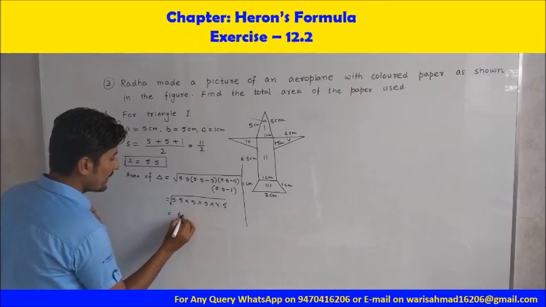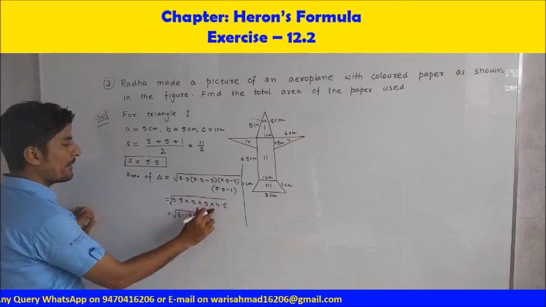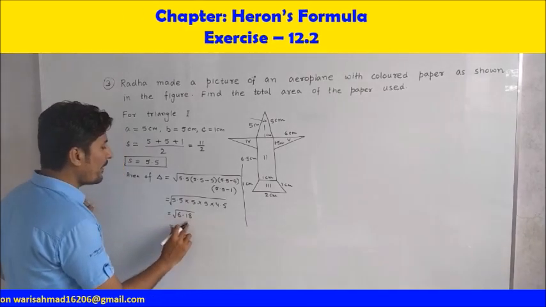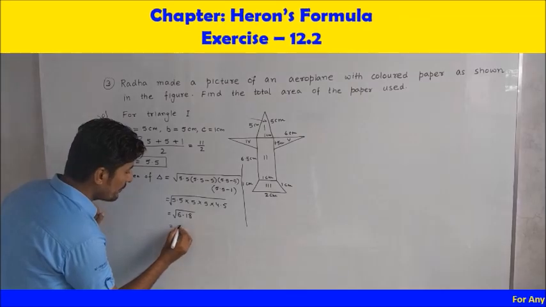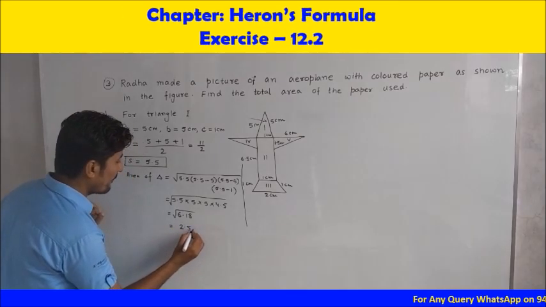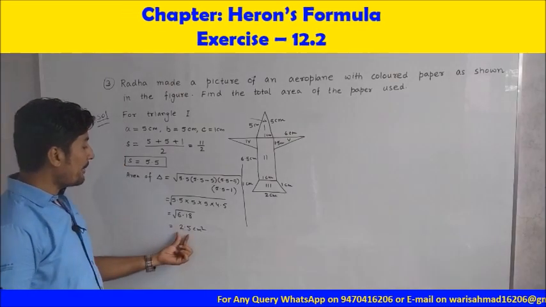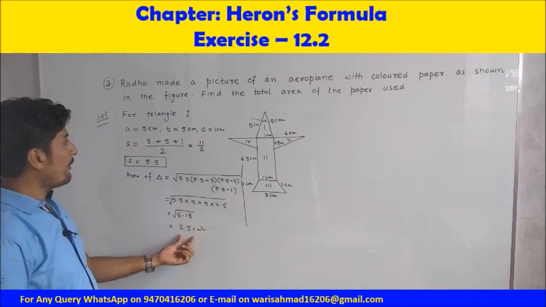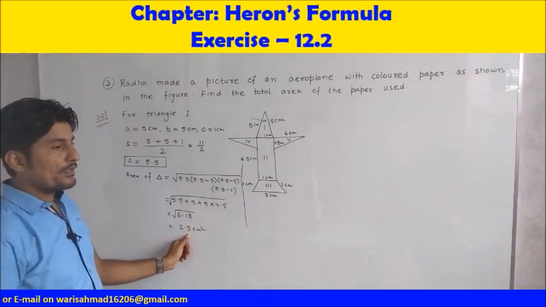After multiplying, the approximate value will be 6.18. When we find the square root of this number, we get approximately 2.5 centimeter square. So the area of the first triangle is 2.5 centimeter square.